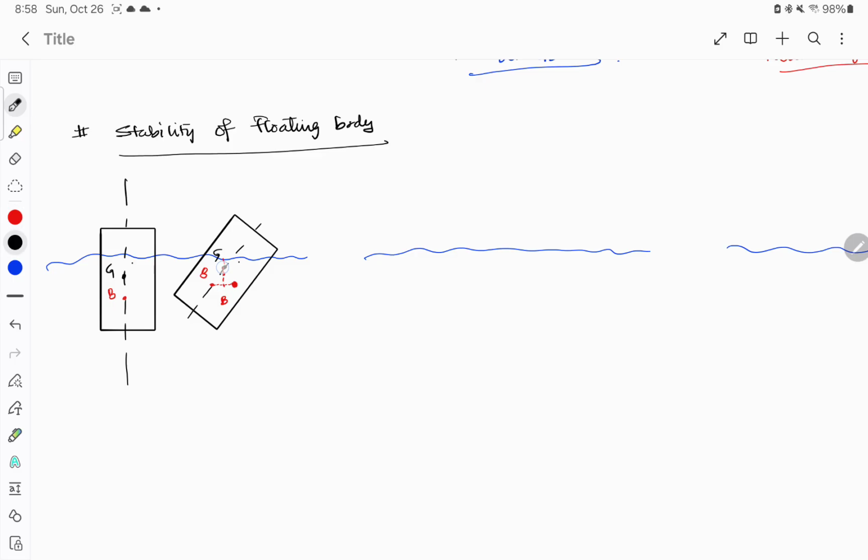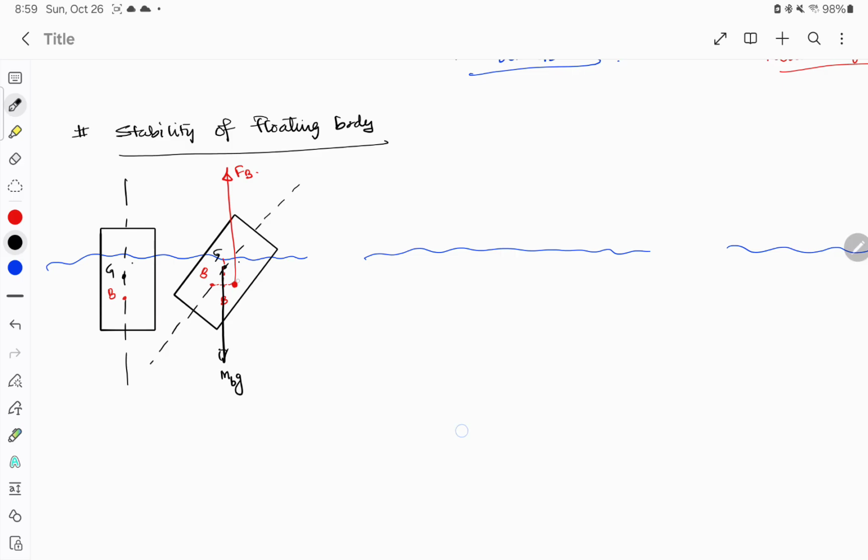So now after disturbance we give the force. So this is mg, and force of buoyancy will be like this, Fb. Here another term comes out, which is the metacenter. And metacenter is what? Metacenter is the point of intersection of vertical line passing through the new center of buoyancy.